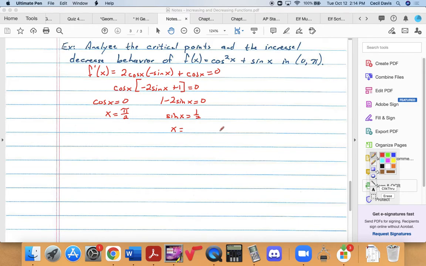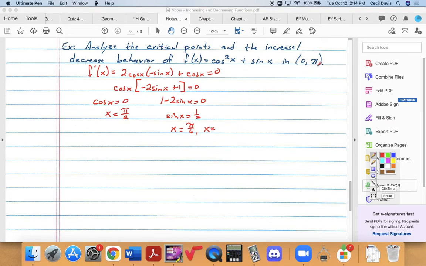So x equals pi over what? Pi over 4? Not pi over 4. Pi over 6, and turn that unit circle. It was like 3 pi or something.